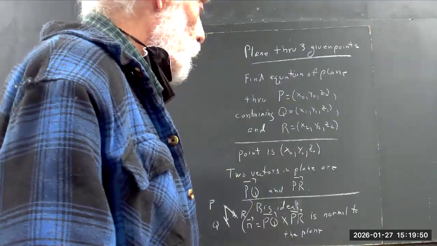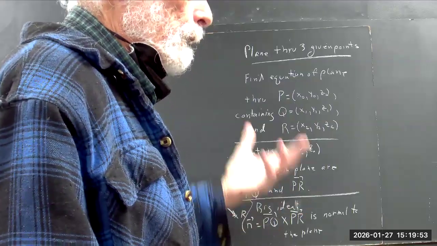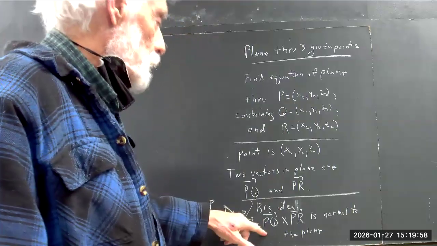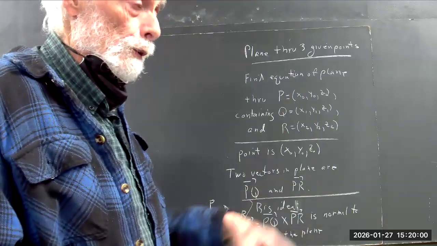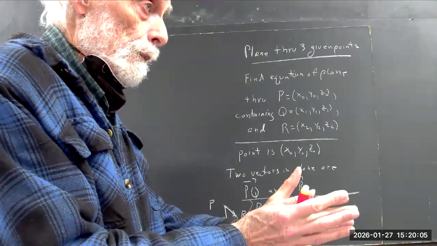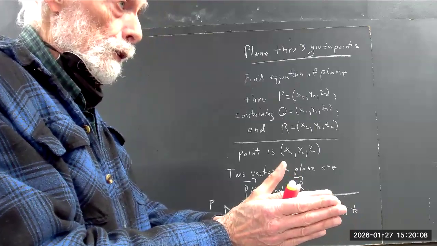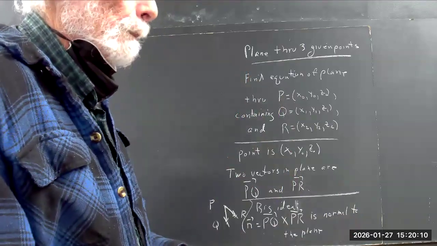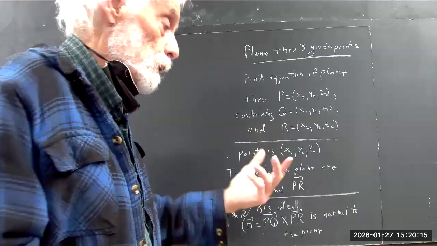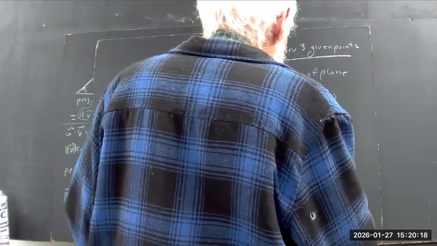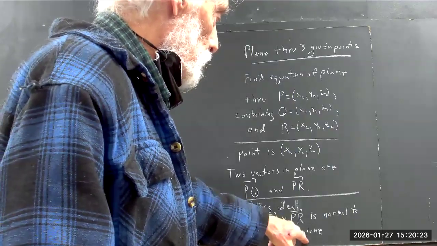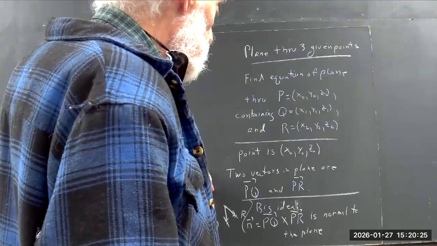That vector has to be normal to the plane. Why? Because the cross product of two vectors is perpendicular to those two vectors. These two vectors are in the plane, so a vector perpendicular to these two vectors is perpendicular to the plane. Now, there's more that can be said about that, but we're going to leave it at that for now. You read your book, ask in the class, and we can say more about it. Okay, so this vector is normal to the plane, and we have the point P.